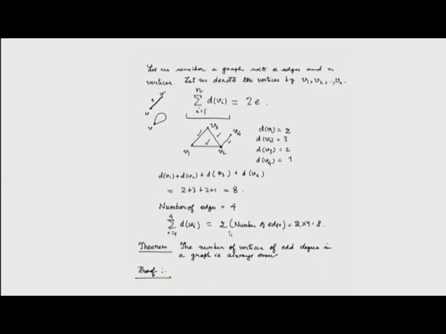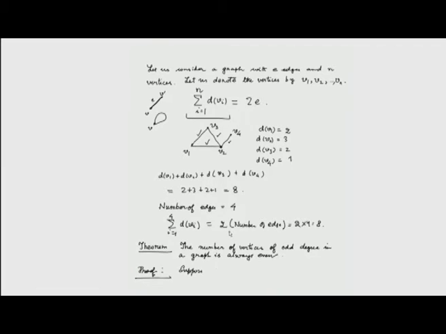Now, suppose that G equal to (V, E) is a graph where V equals V1 up to Vn and the number of elements in E is small e.